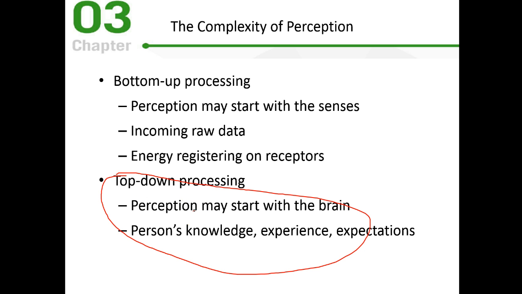This is where it starts to become interesting. Bottom up is basically kind of like just black and white, but this is where we start to see that we can both be looking at the exact same thing, and you might see something completely different than I do because our prior knowledge differs, our experience differs, and our expectations differ.